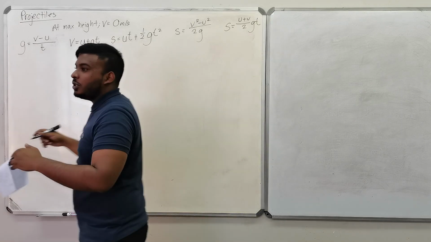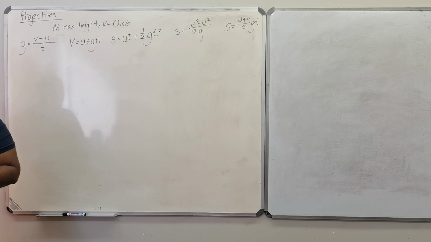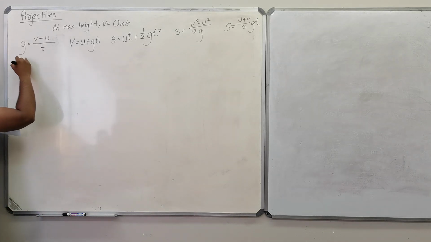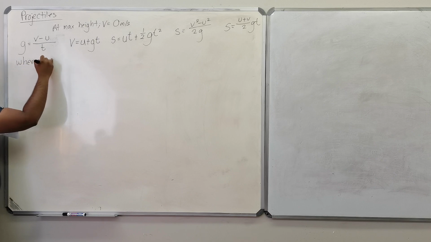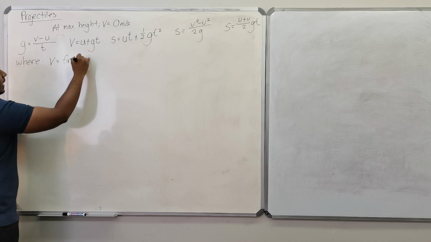What does each of these factors mean? Are these all given in the data sheet? Yeah, so we don't have to remember this. Okay, so what do these symbols mean? V is equal to your final velocity.